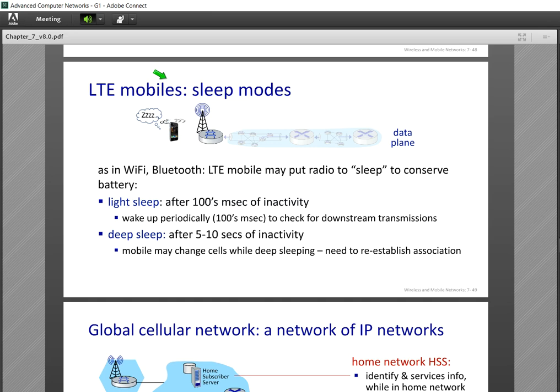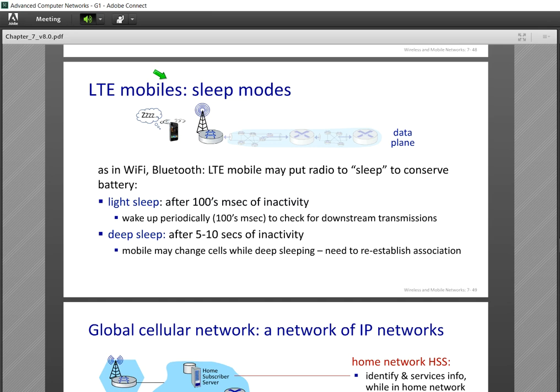And as I said in Bluetooth and Wi-Fi, to save the battery, we need to use a sleep mode to conserve the battery.